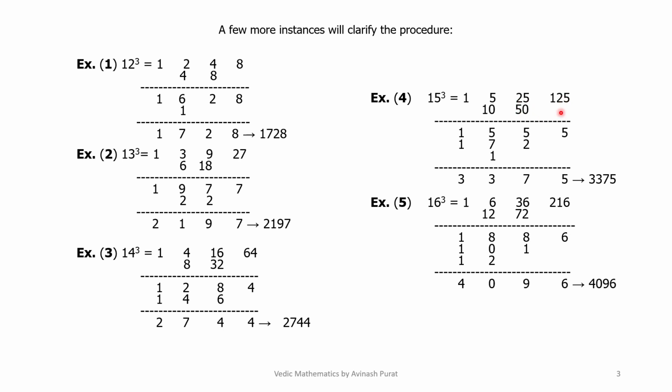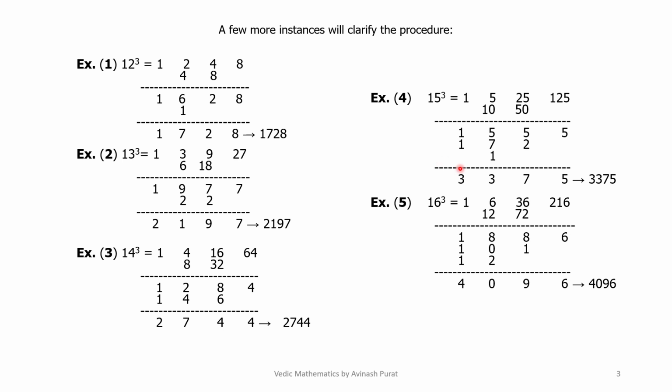So we take the figures down. 125, 5 is written down, 2 is taken to the left and 1 is taken further to the left. 25 plus 50 is 75, 5 is written down and 7 is taken to the left. 5 plus 10 is 15, so 5 is written down and 1 is taken to the left.